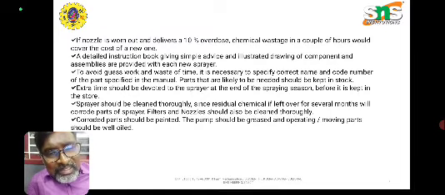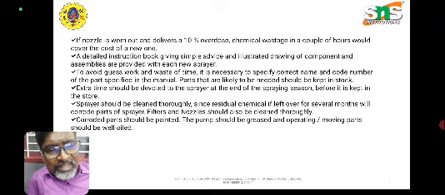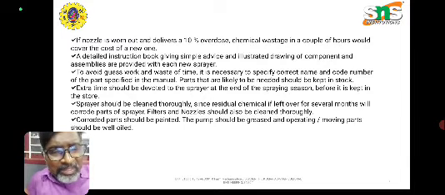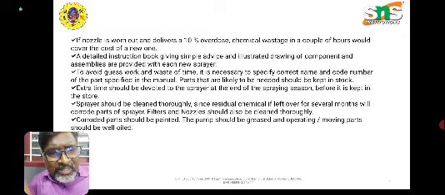Also the maintenance procedure, once in 10 days or once in 15 days or once in a month, like that, what periodic maintenance is to be done, all those instructions will be given in this book. So that should be gone through very well before working with the sprayer. You can see this instruction manual with all the new sprayers.